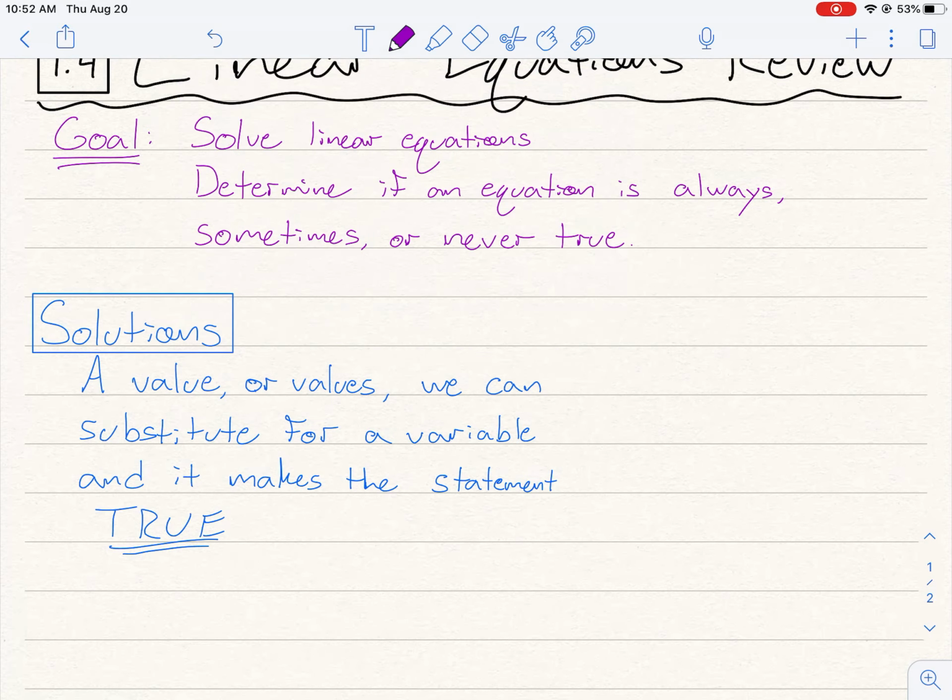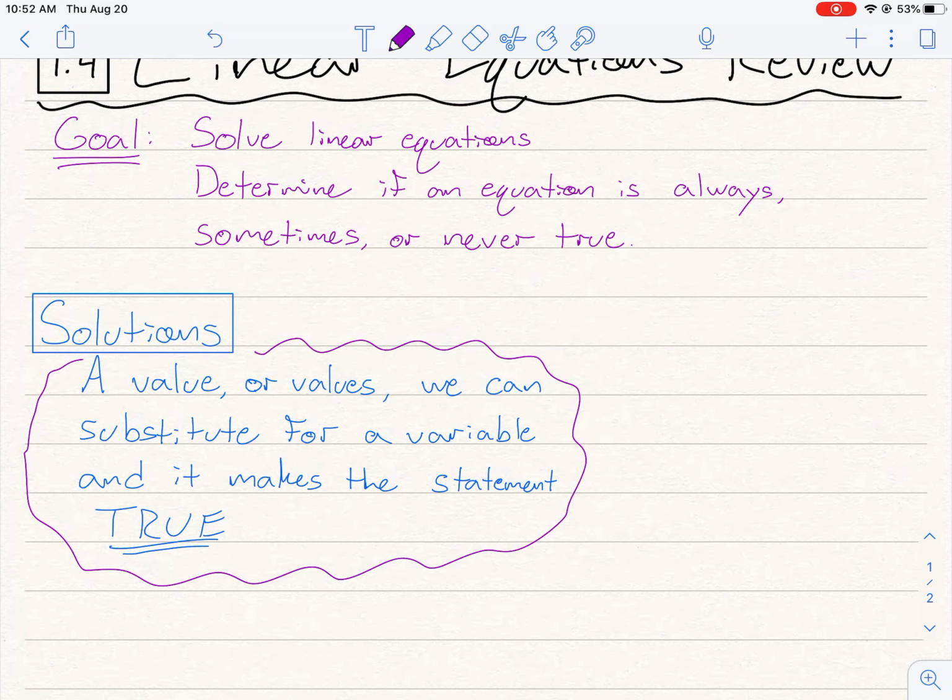And I'm going to put a little swooshy marker on it, because that's a definition for us. Now, when we're talking about solutions, there's two different ways, right? I could have a linear equation where if I put the equation x plus 14 is equal to 18, I know that x is going to be equal to 4, right?